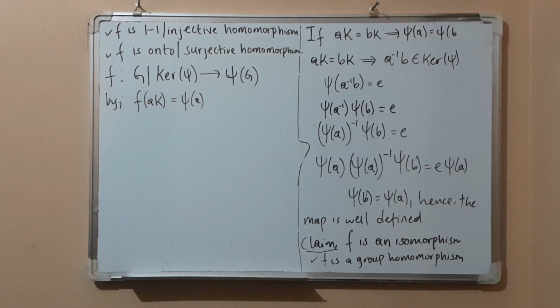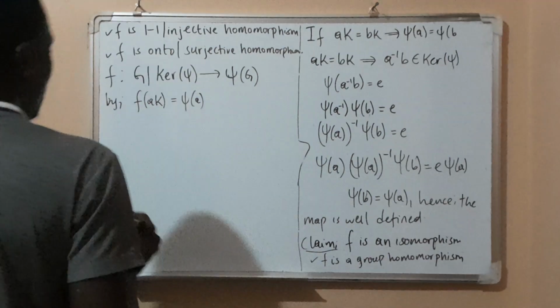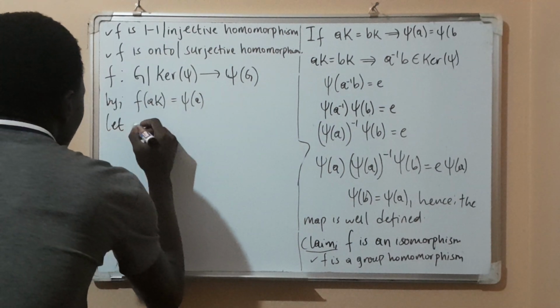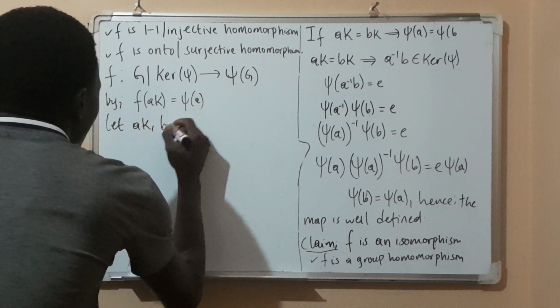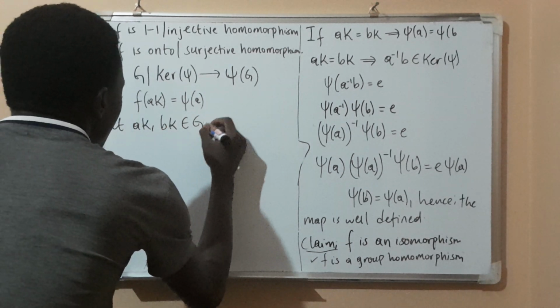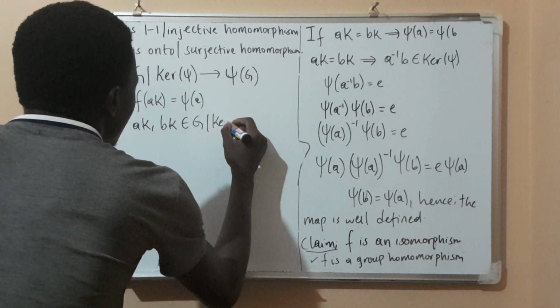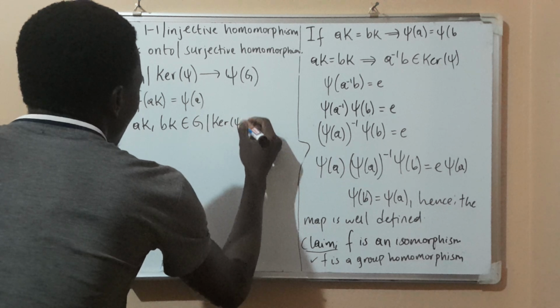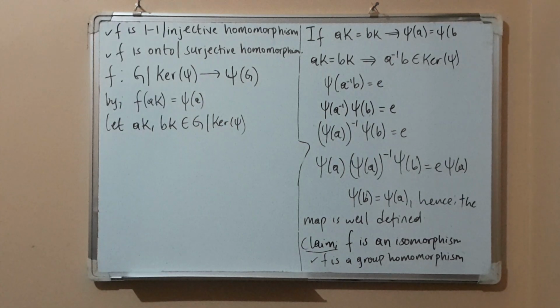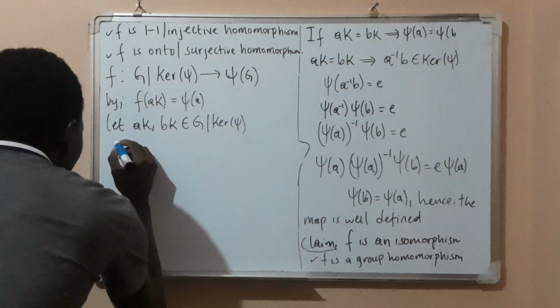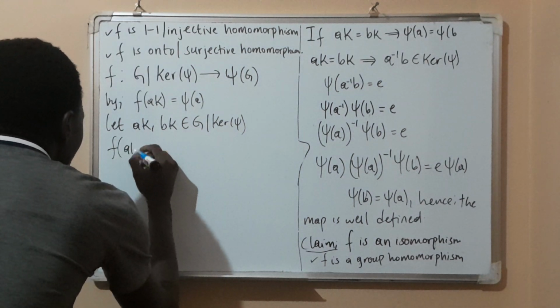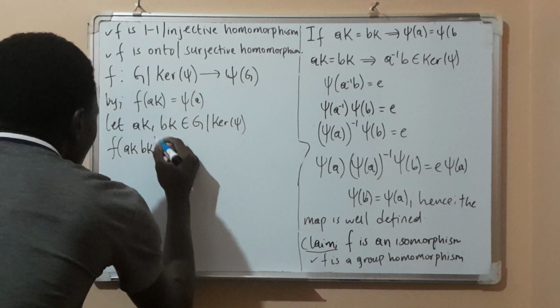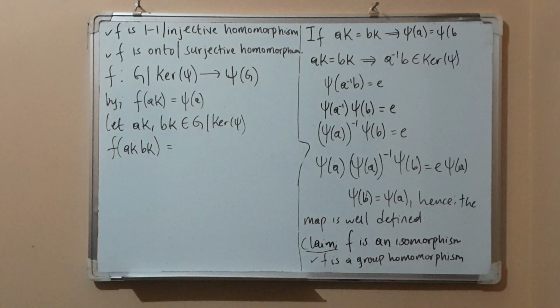So we are going to let AK and BK be elements from that factor group. Then F of AK BK is equal to, so we have picked two elements from the factor group.